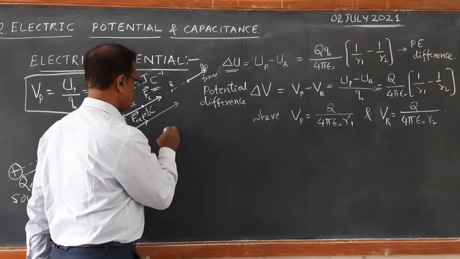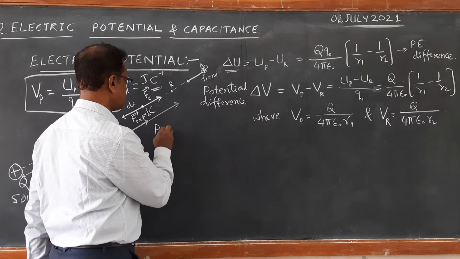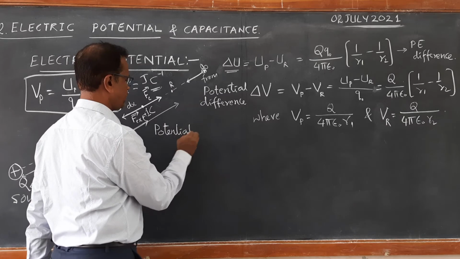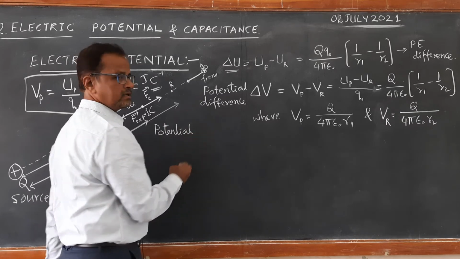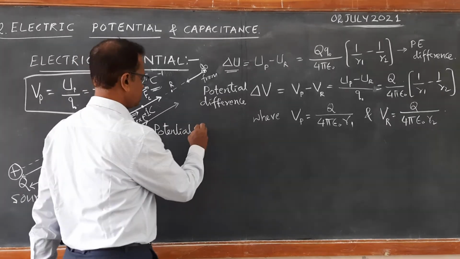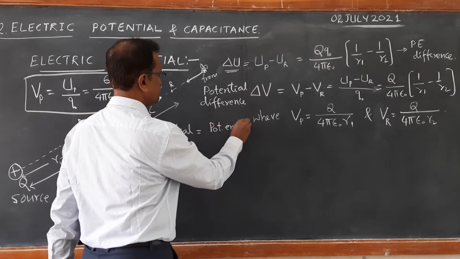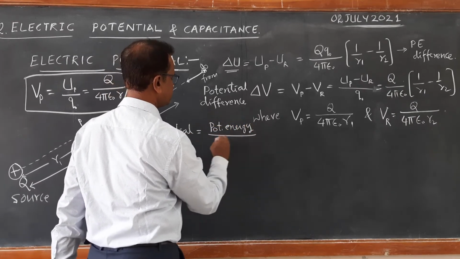Now, potential at a point P as a function of distance is also defined as potential energy per unit charge.